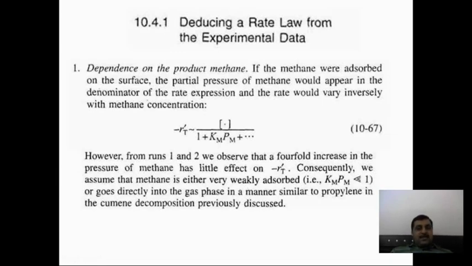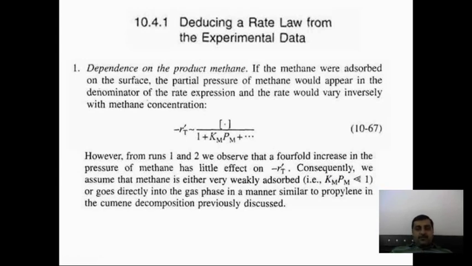It is directly going into the gas phase. We have seen a similar thing where a Langmuir-Hinshelwood mechanism applies, even in cumene decomposition, in the previous case. So dependence on product methane, it is independent, or rather this value is very low.